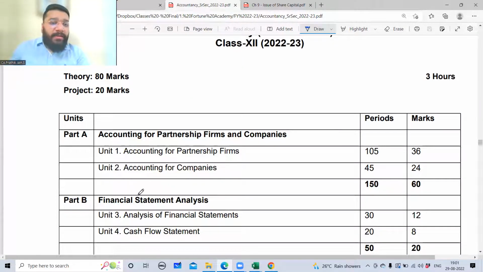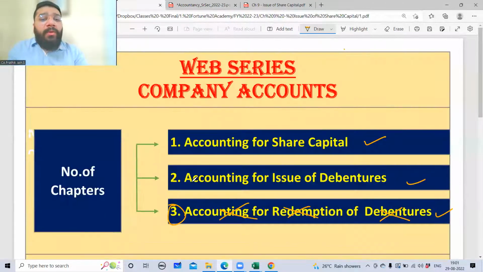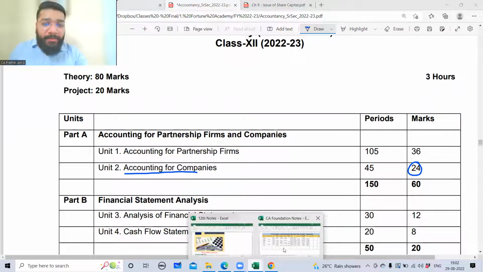So guys, for 12th CBSE people, from the board examination point of view, accounting for companies, which is both accounting for share capital and accounting for issue of debentures, both put together, you will be getting questions for nearly about 24 marks, which is quite big. 2 chapters put together, 24 marks. Easily gettable. Okay? So this is for 12 CBSE people.